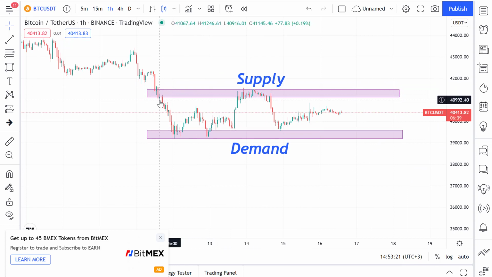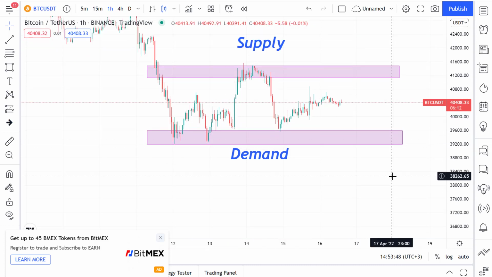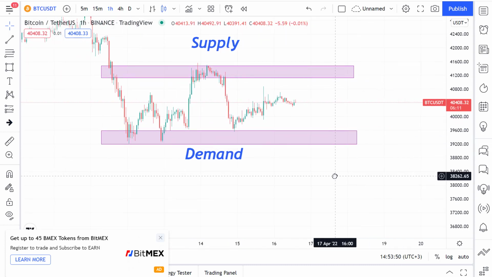So how can you just see these zones? Okay, if you just focus, you can see that there was a first try after this bearish trend. There was a first try to break this zone for bullish trend, but it couldn't have a kind of breakout. Then it was the first zone and the second zone, first and second.